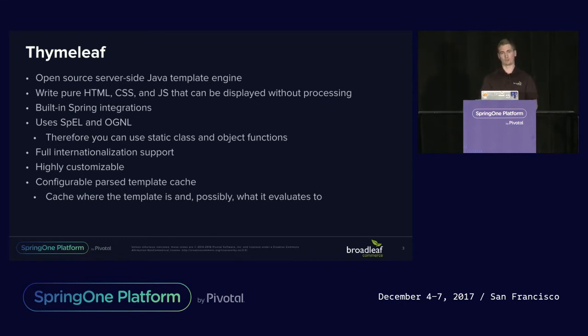So one of the big reasons a lot of people use it, especially in Spring apps, is there's a lot of nice Spring integrations. Actually inside the Thymeleaf repository on GitHub is a Thymeleaf Spring 4. I believe there's going to be a Thymeleaf Spring 5 integration for Thymeleaf. It also uses Spell. You can also use OGNL if you want. I haven't used OGNL.